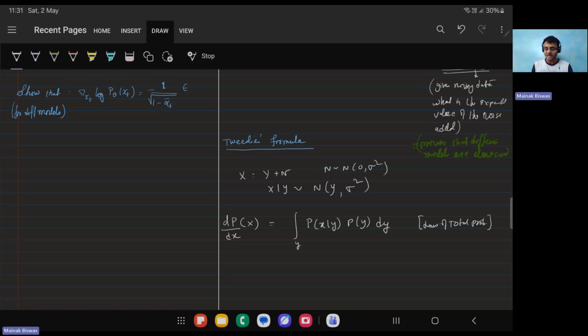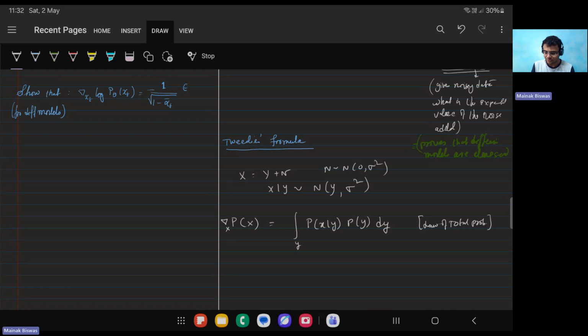So let's take a gradient with respect to x. For the time being, let's just do it in 1D. I think it's not a problem to do it in 1D. 1D or 2D doesn't really matter.